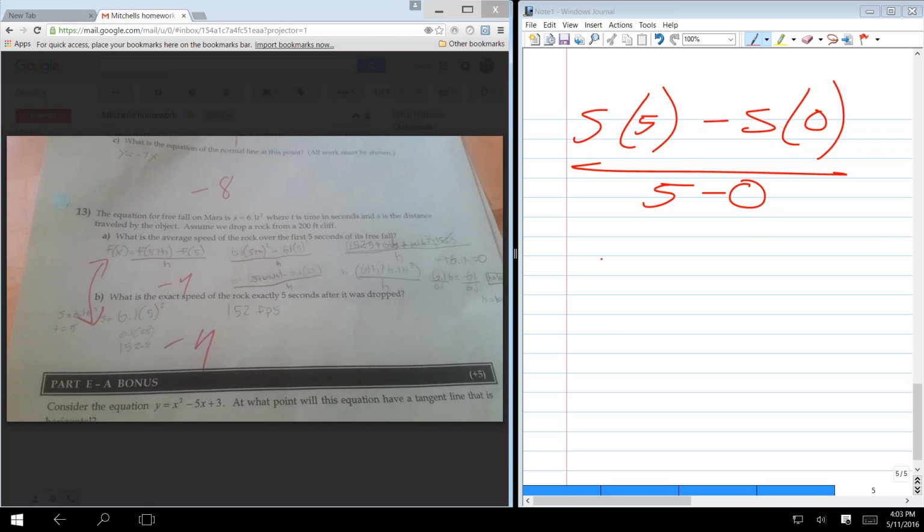So, what is s of 5? Is it 6.1 times 5 squared? Yeah, squared. 6.1 times 25. So what is that? You have your calculator? I bet it's 152.5. Yeah.